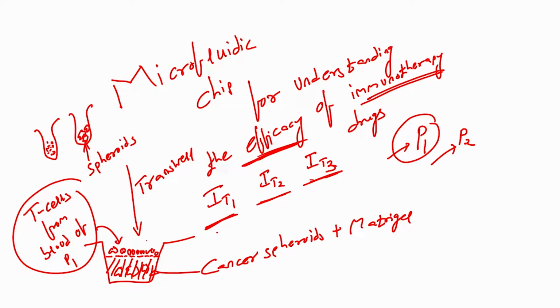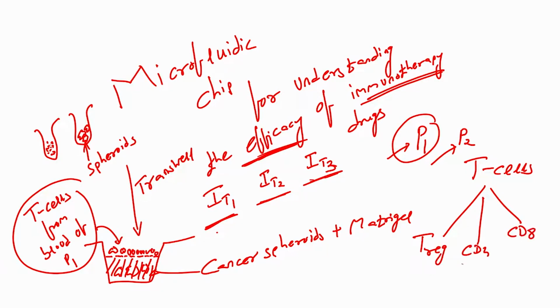Now, because of the release of cytokines, T cells, when you say T cells these are white blood cells in a way, and the basic 3 classifications can be T regulatory cells, CD4 cells, CD8 cells. CD4 cells are also called helper cells, CD8 cells are also called killer cells, alright.